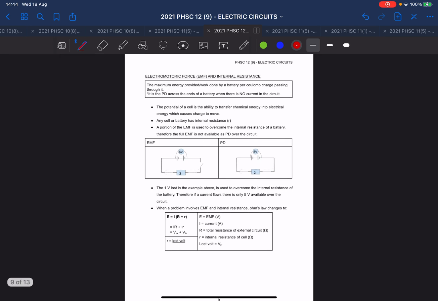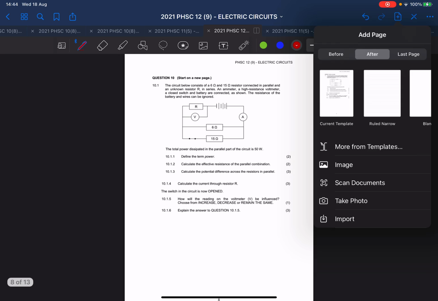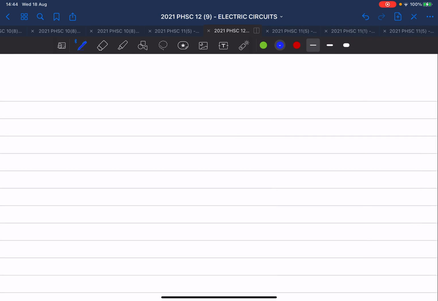Okay. So they ask you there at question 10, so at question 11. These questions come from a grade 11 question paper. So we're just still revising grade 11 electricity. Okay, so what you normally do is you redraw the circuit.